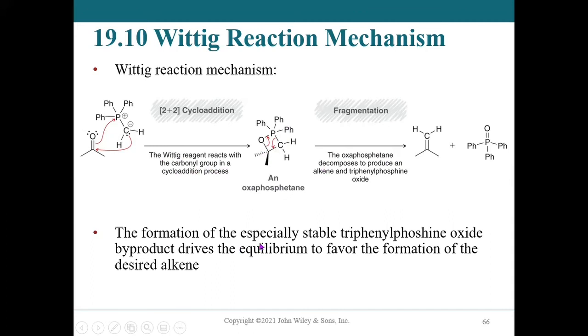The formation of the especially stable triphenylphosphine oxide byproduct drives the equilibrium to favor the formation of the desired alkene.